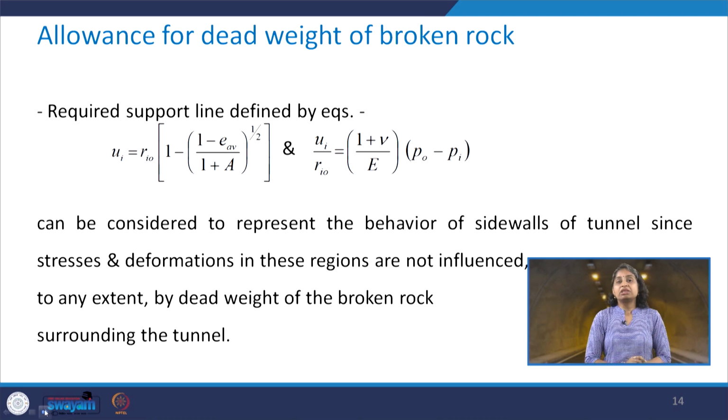Now, what about the allowance of dead weight of the broken rock? I discussed with you that when you excavate, in the roof portion there is going to be some zone of broken rock mass whose dead weight becomes very important as far as GRC for the roof is concerned, and also for the floor.